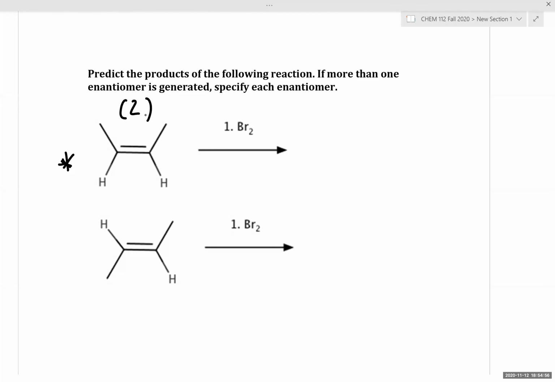So let's put together a model of this first structure, and then we're going to talk a little bit about what's going to happen and what our bromonium ion is going to look like.